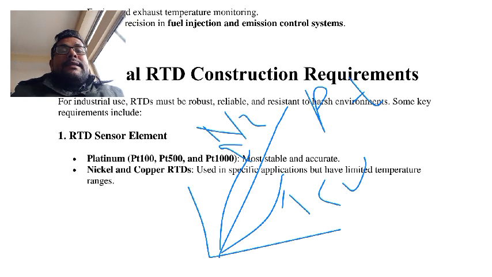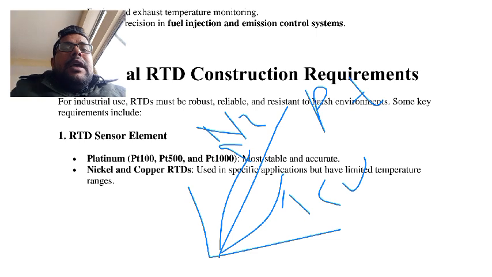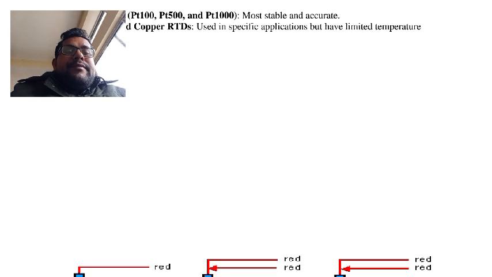Nickel has more sensitivity compared to PT, but it shows more non-linear behavior. That's why we generally can't use nickel and copper; these two are non-linear, which limits their use.